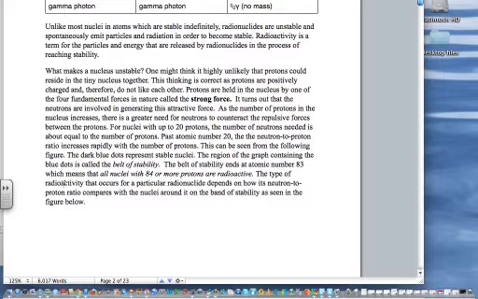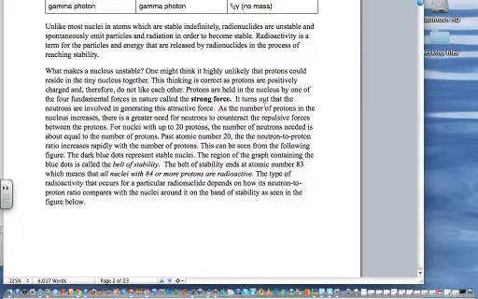Well, think about what a nucleus is. It is a very small area where you have shoved protons and neutrons into a very, very small space. Protons don't like each other. So therefore, it takes a very strong force in order to hold those together. And the neutrons, it turns out, are intimately involved in generating this attractive force.